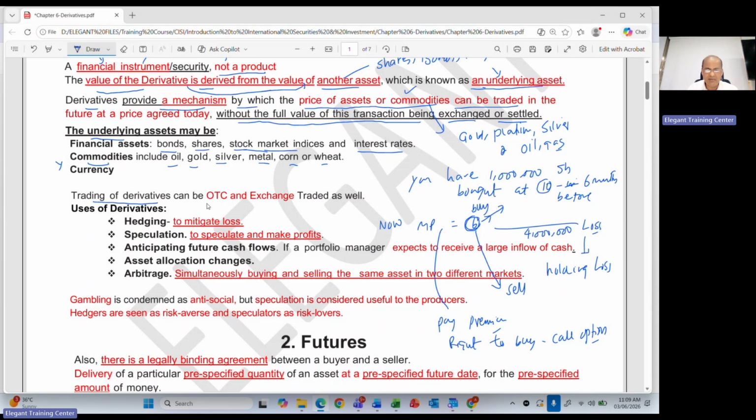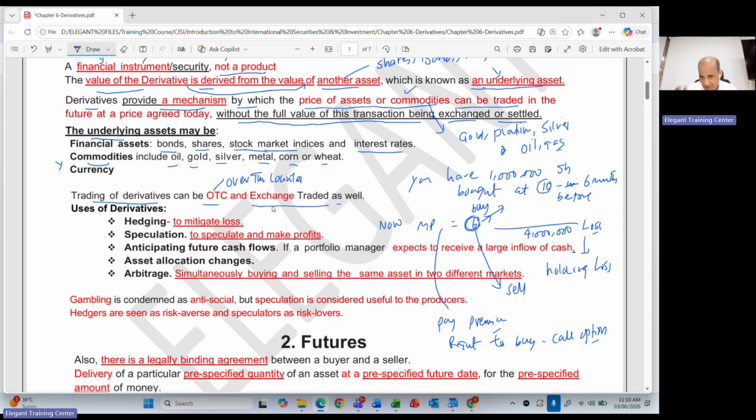Trading of derivatives can be OTC and exchange traded as well. What is OTC? We say over the counter. Over the counter means the transactions between two parties directly without any exchange involved. We say OTC derivative, right? Let's say you and me, we can also have some gold future trading between you and me.